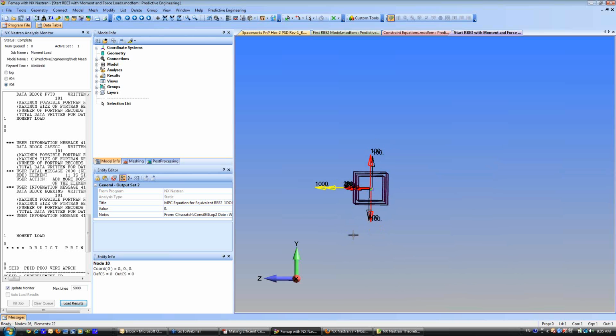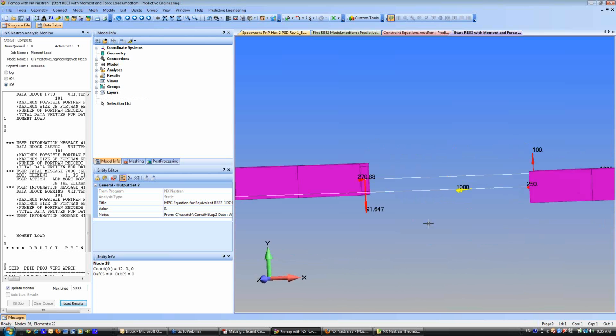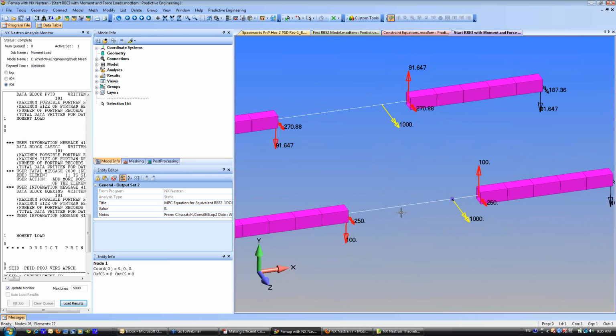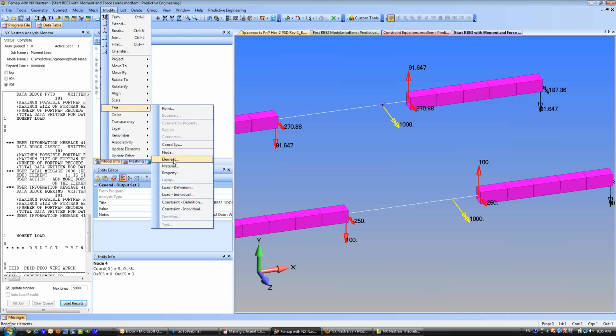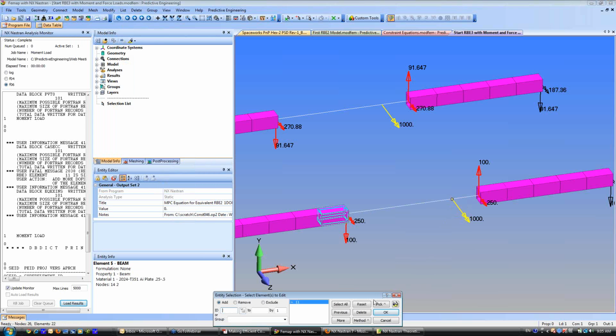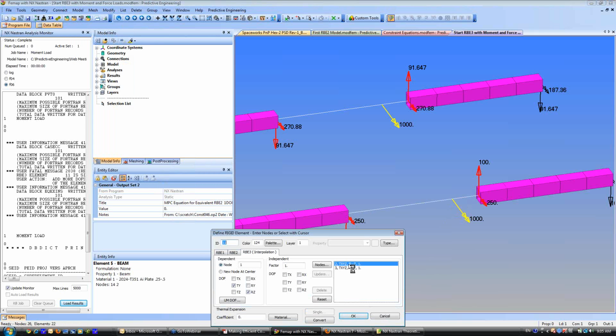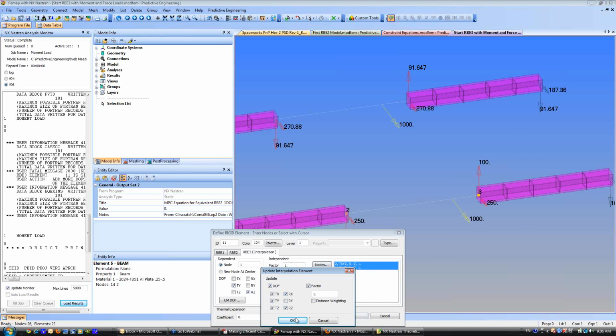So if you're straight down the axis like this, then your independent degrees of freedom are collinear. You have to constrain that axis with a degree of freedom. So that is why you have to go in here on your independent nodes, and you have to lock this down.